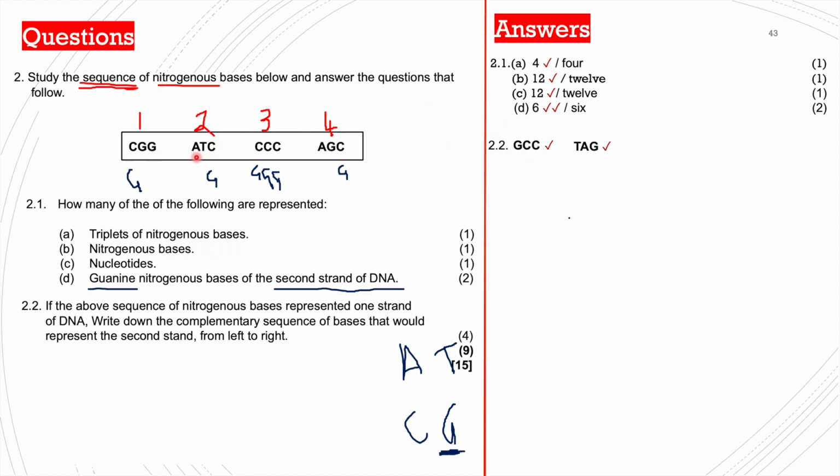The second one, ATC. The complementary triplet would be TAG. And then the third one is CCC. Then it would be GGG. And AGC would give us TCG. Okay, so that is the end of this activity.